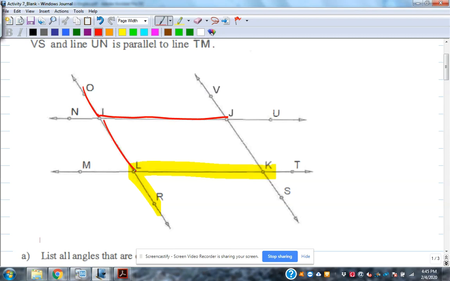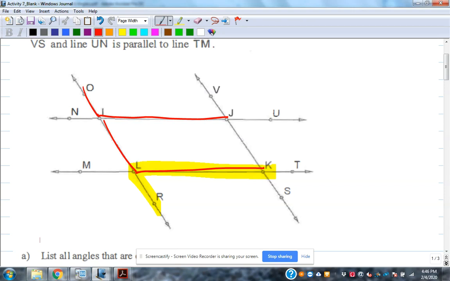What do we know about this angle and the other angle that's in red there? What kind of angles are they? Corresponding. Corresponding angles are equal to one another. So that's why they would still be supplementary. That would be the explanation if you had to explain why OIJ and ILK are both supplementary: they're corresponding, so they have to be the same.